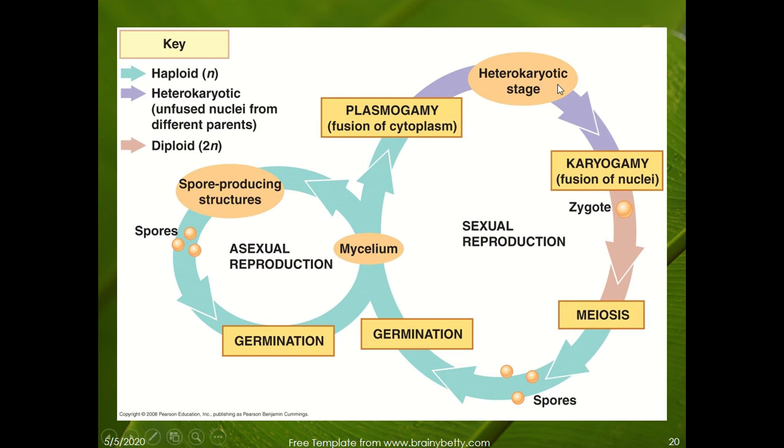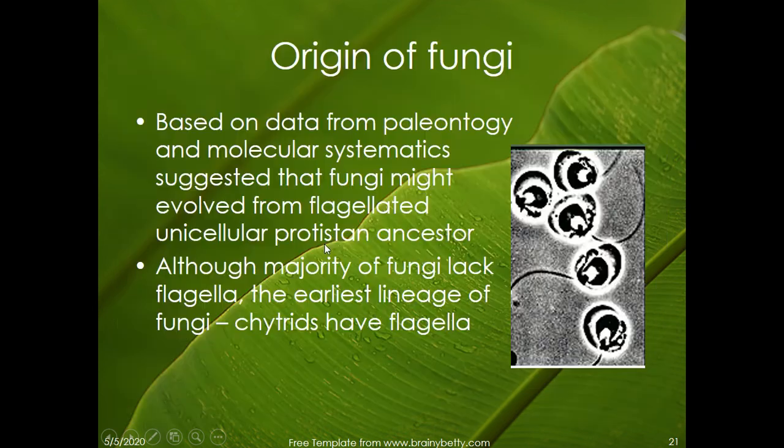Then the nuclei of these two strands of fungi will fuse together in karyogamy, producing a zygote, and this zygote will undergo meiosis and germinate again. For the mycelium, remember, it has an asexual spore known as conidia, and the conidia will disperse and germinate, and the cycle will go again.